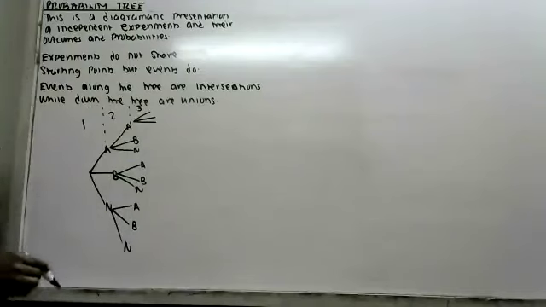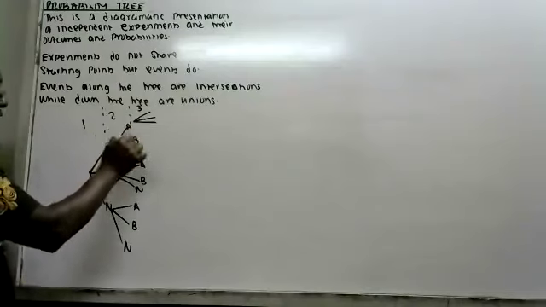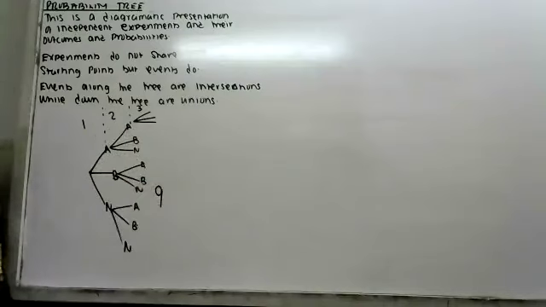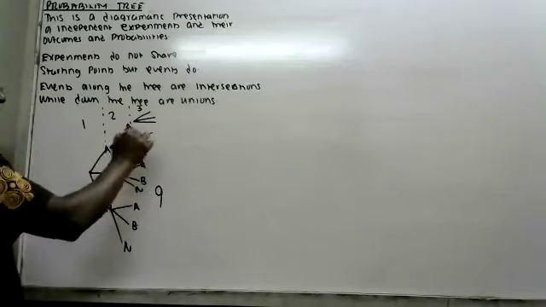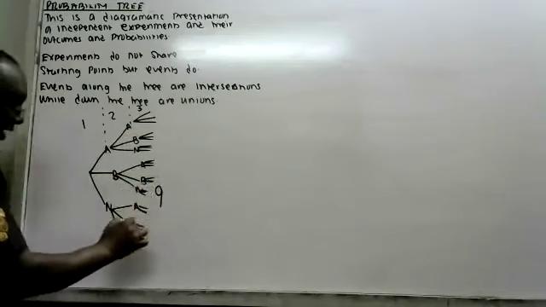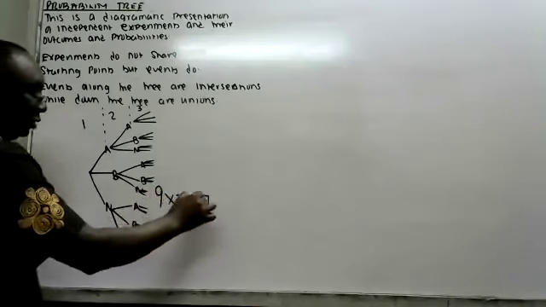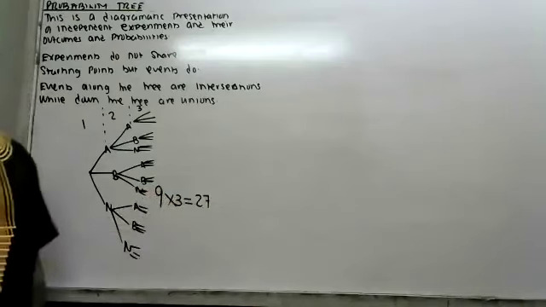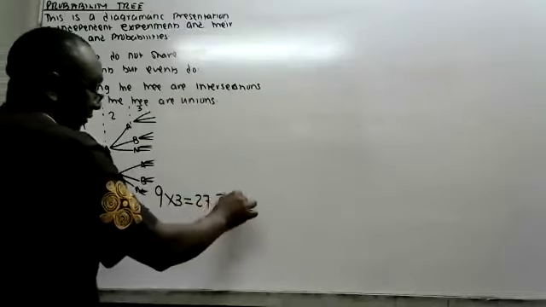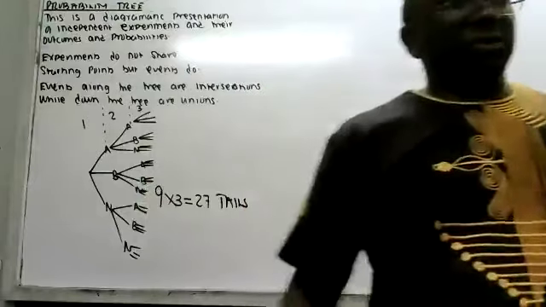How we count is: 1, 2, 3, 4, 5, 6, 7, 8, 9. Each of these 9 will give us 3 more, so 3 times 9 gives us 27. We are going to draw a tree that has 27 tails.